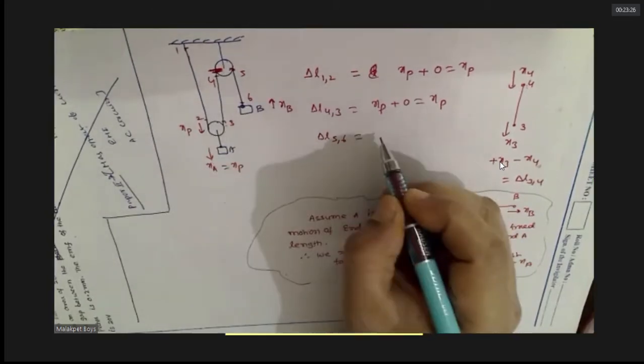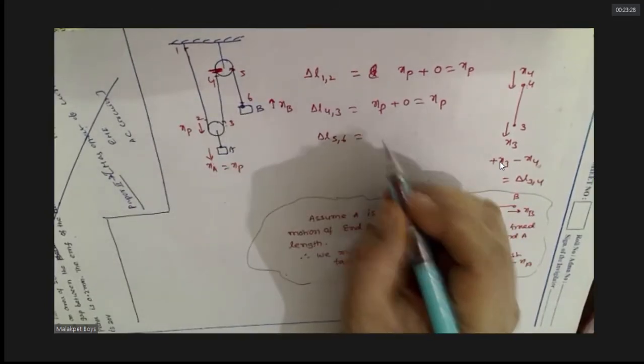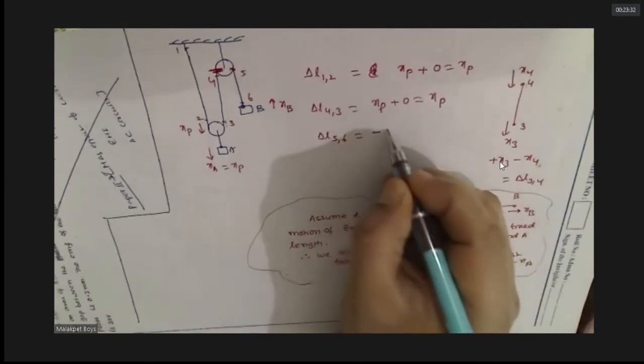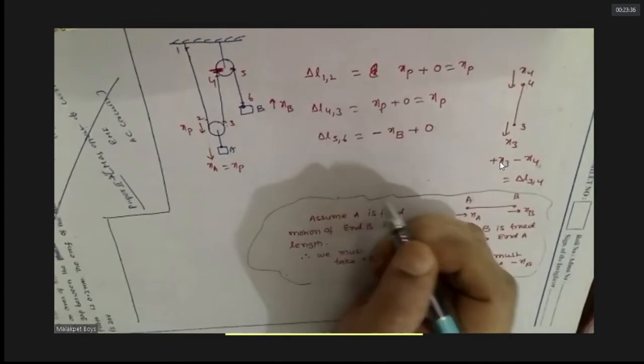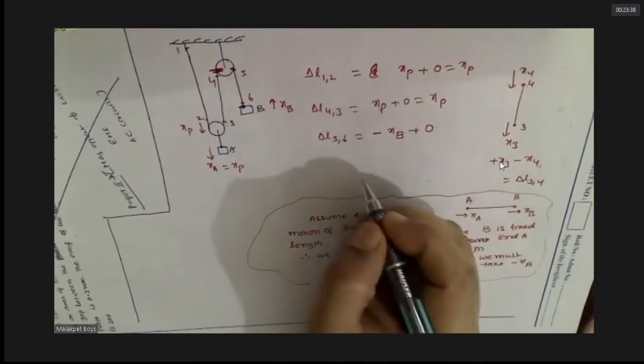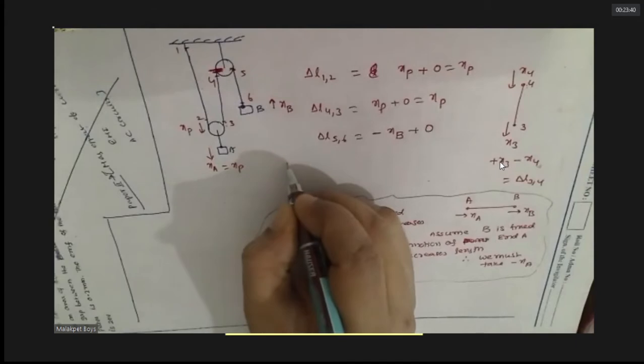You see? Minus xb plus 0. Agreed? Now the total length of the string.